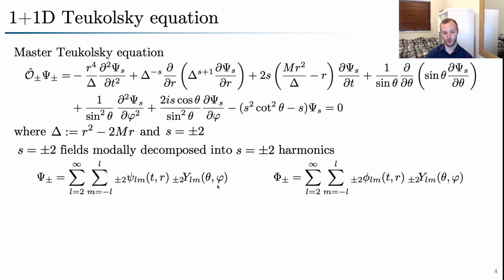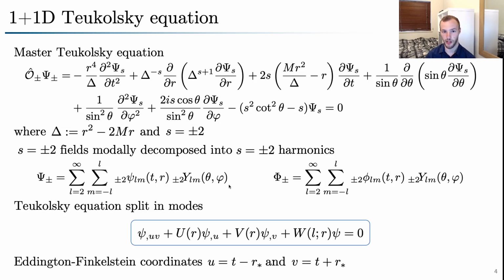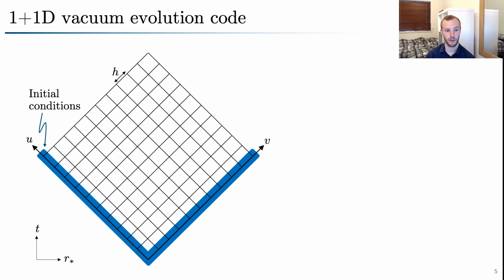When you do this, all of the angular part of the equation is described by the spin-weighted spherical harmonic of the mode, and then the time and radial parts are described by this equation here, which has been written in Eddington-Finkelstein coordinates, as that's the simplest form.